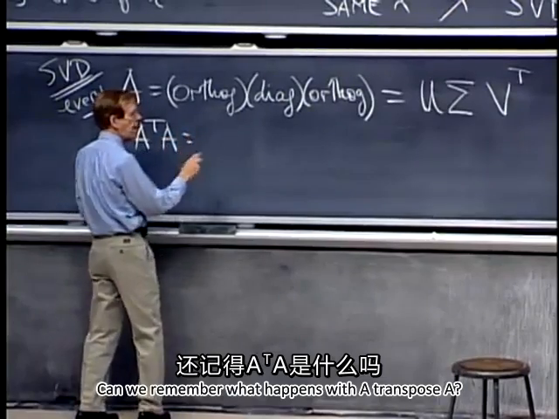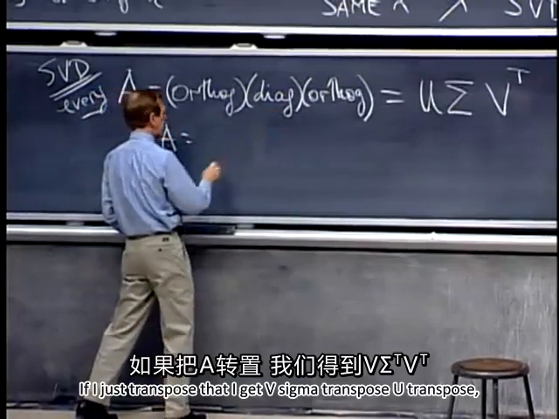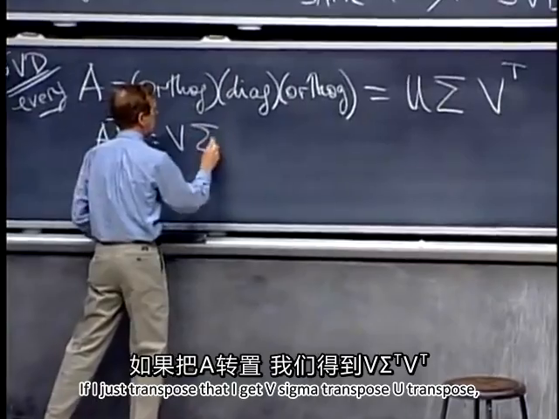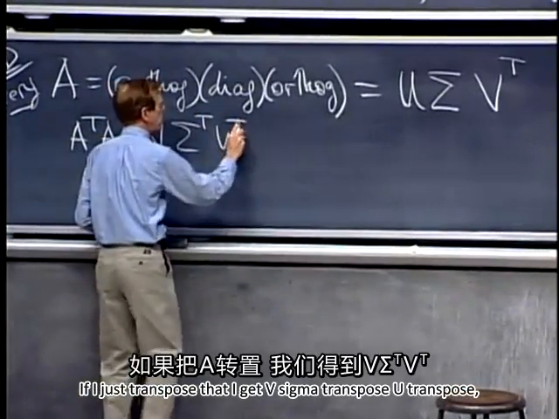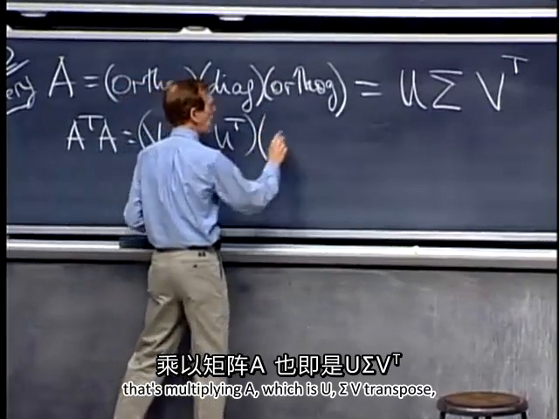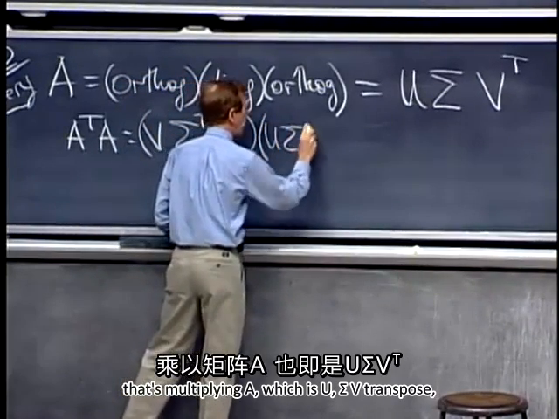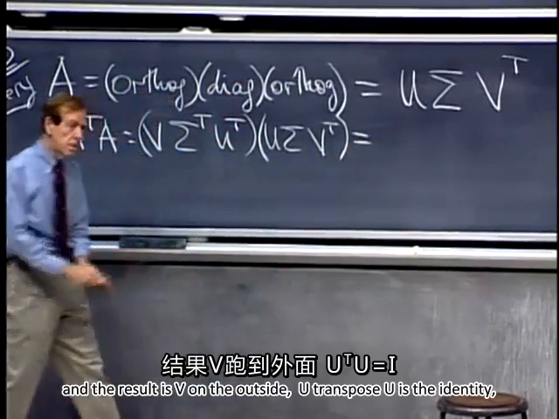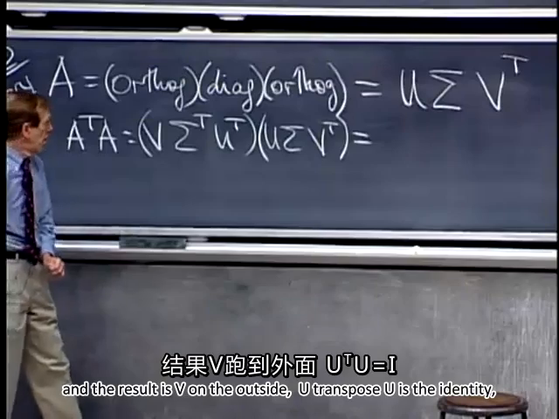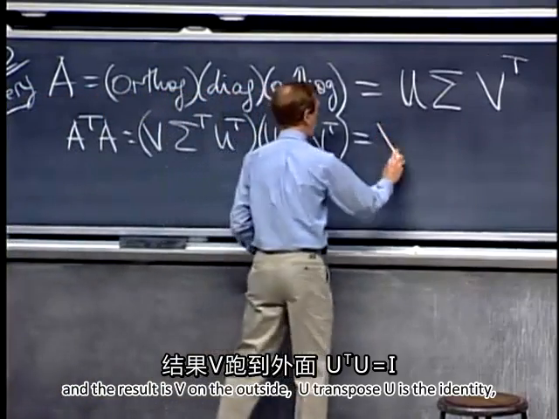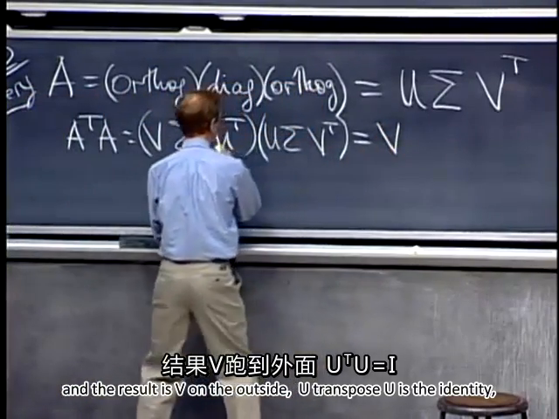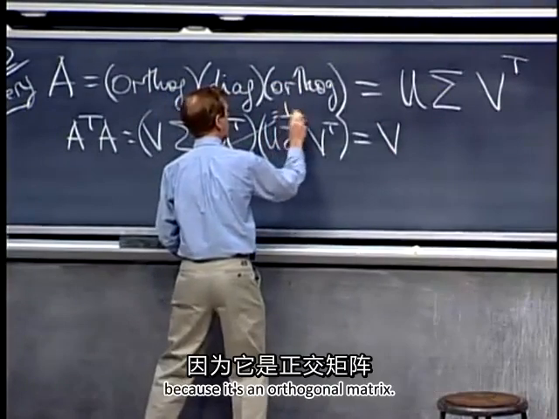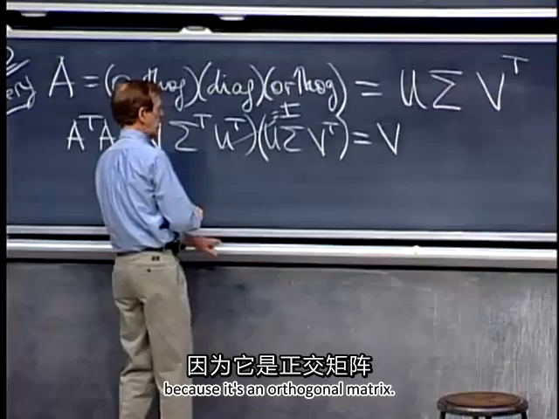Can we remember what happens with A transpose A? If I just transpose that, I get V sigma transpose U transpose. That's multiplying A, which is U sigma V transpose. And the result is V on the outside. U transpose U is the identity because it's an orthogonal matrix.